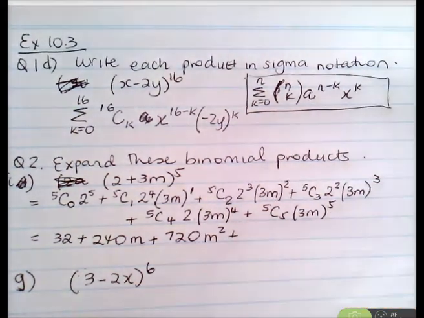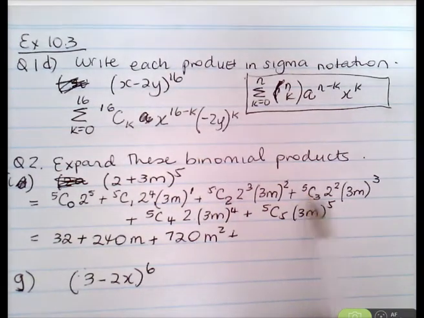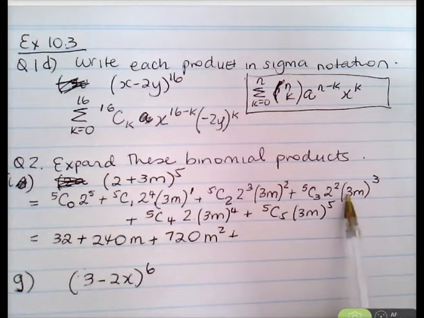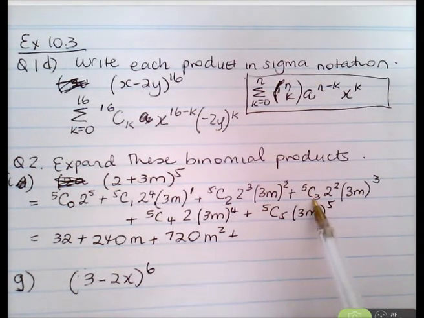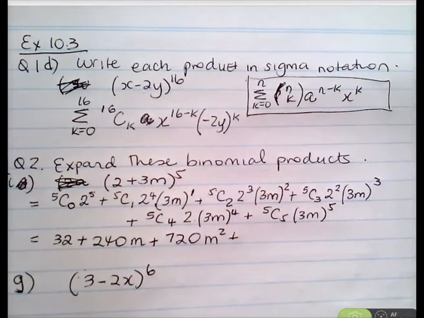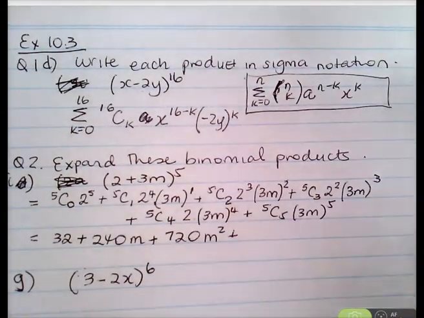Then we've got 5 choose 3, which is the same as 5 choose 2. So it's 10 times 4, which is 40 times 3 cubed is 27. Or we can do 27 times 10 is 270, then we times that by 4, and we get 1080.